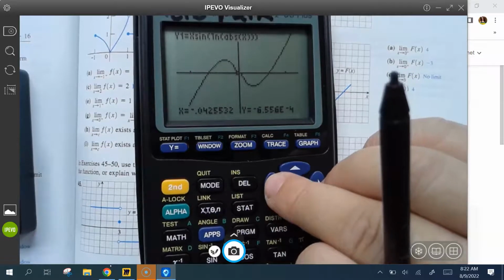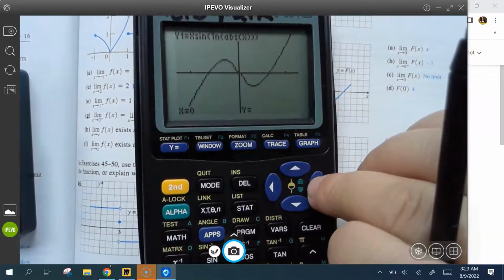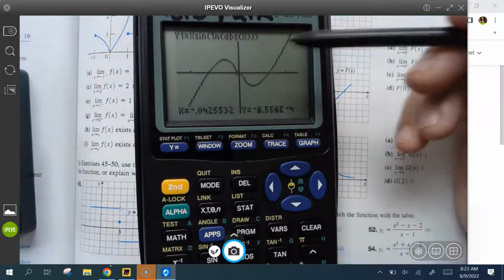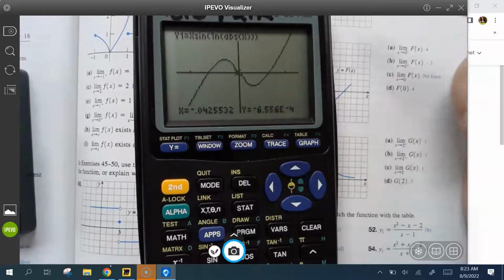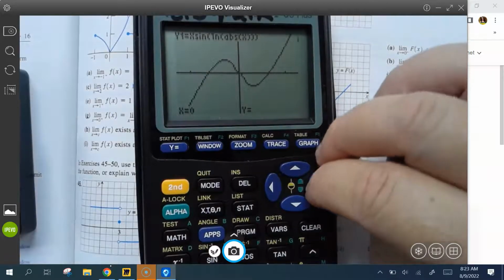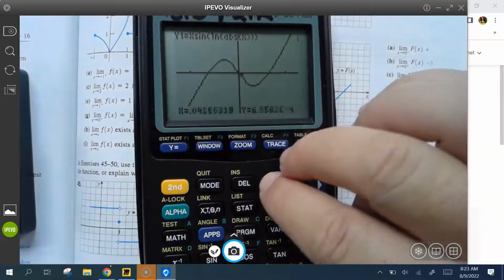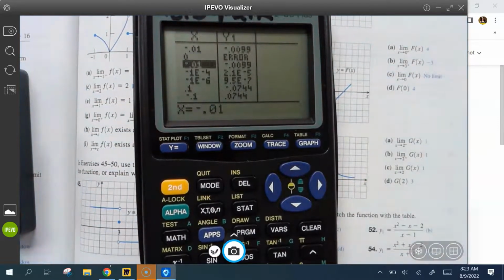Oh, I guess it does kind of go down a little bit. It goes down past, because at negative 0.04, it is a negative. That's okay. That's interesting. But zero is still undefined.